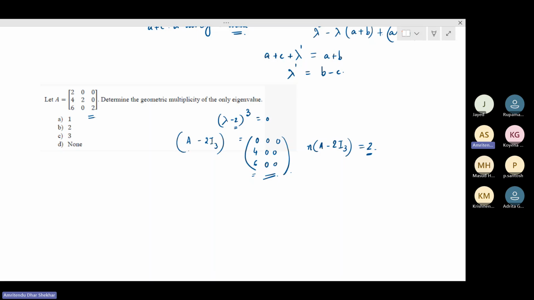Okay. So this is an example, and this is how you can actually determine if the matrix is diagonalizable or not. If the multiplicities don't match, then that implies that the matrix is not diagonalizable, even though the matrix has all real eigenvalues.